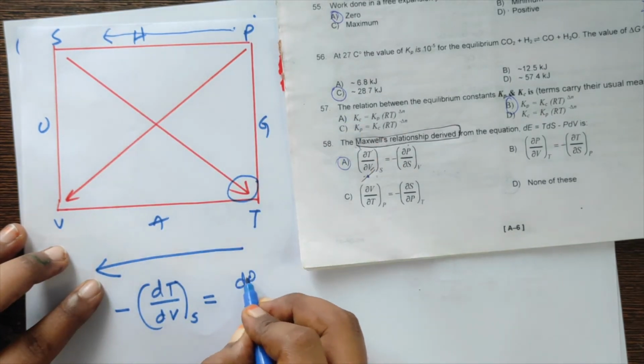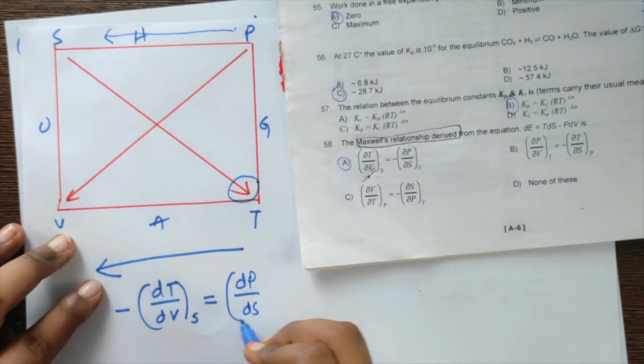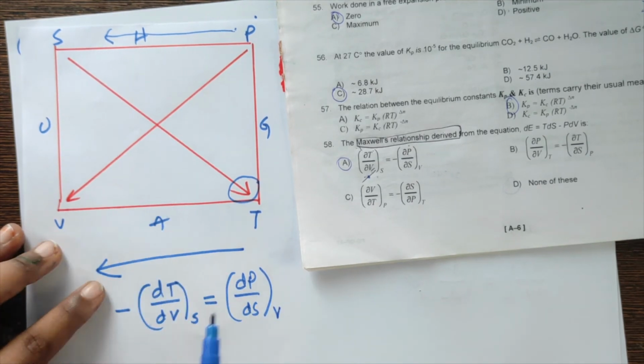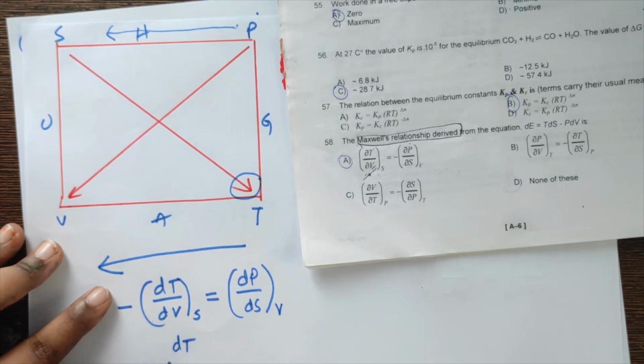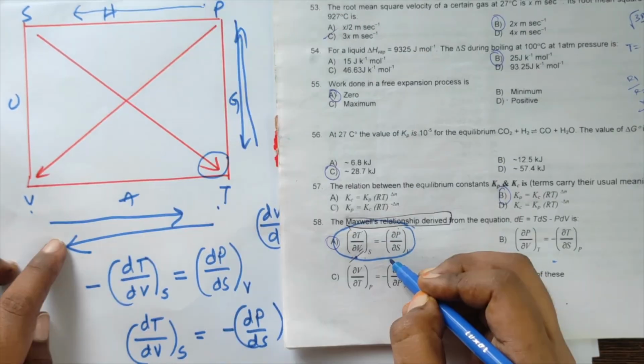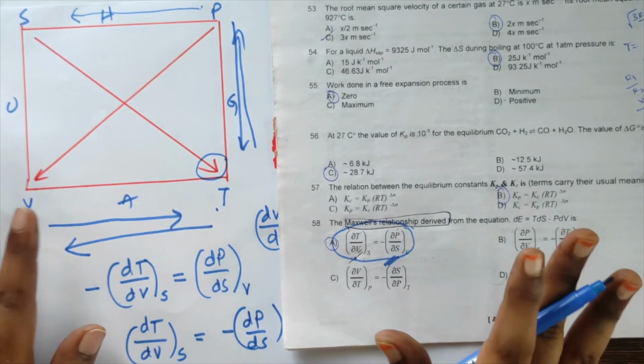Now dP by dS at constant V, it will be positive as it is away from the V, but we can write this in this form also. We can remove the negative sign from here and we can add our negative sign in this case. So when we check this option, this is the correct option. The first will be the correct option.